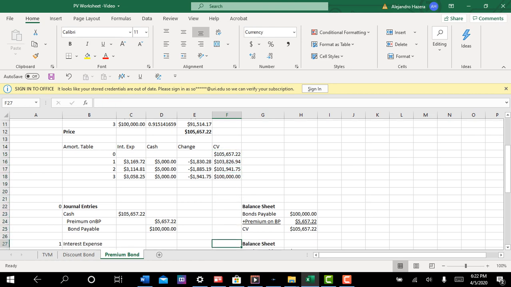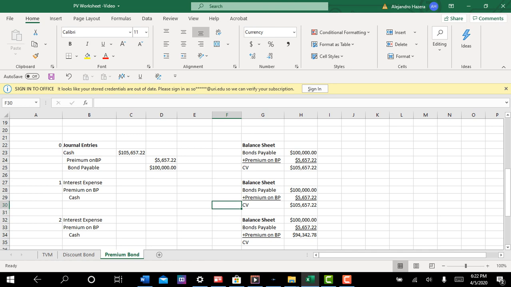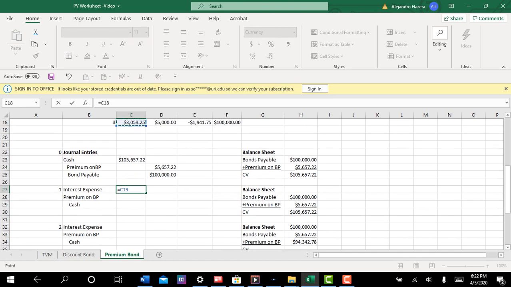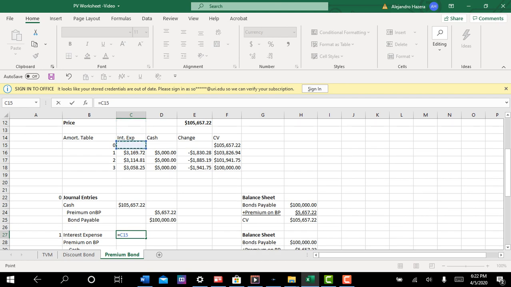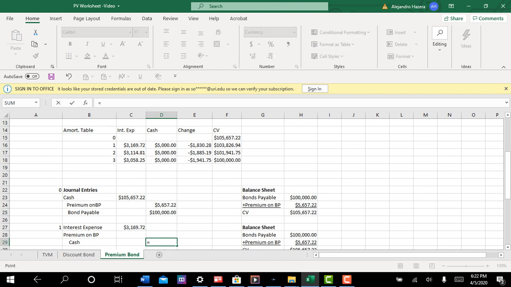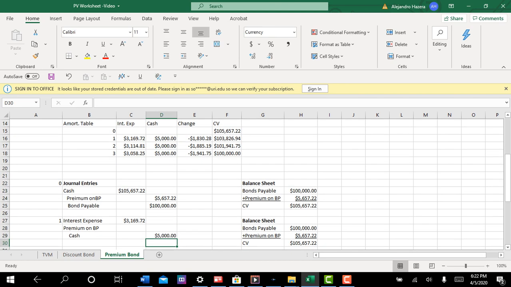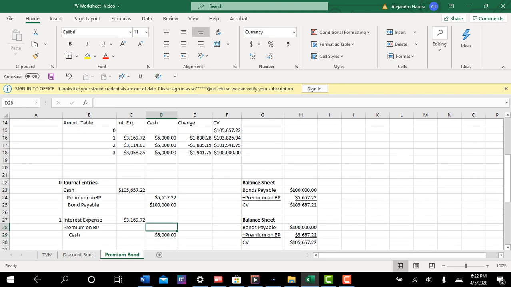Okay, now let's come down here and notice the bond payables are all the same, but they change as we go along. So your interest expense for year 1 is equal to 3,169. Your cash for year 1 is equal to that 5,000. I'm just taking numbers from the amortization table, which you should already know the formula for. And then these are debits to premium on bond payable.